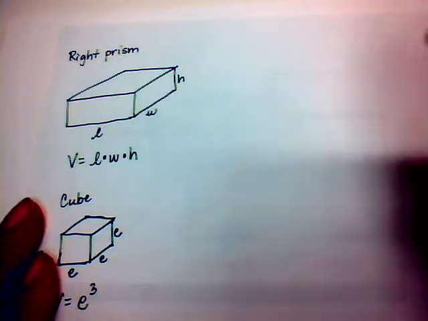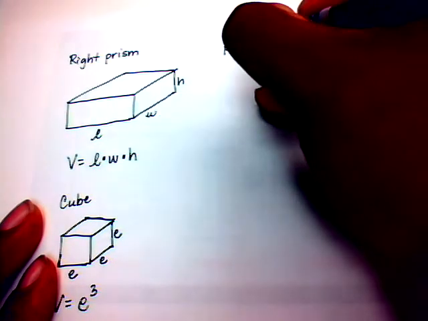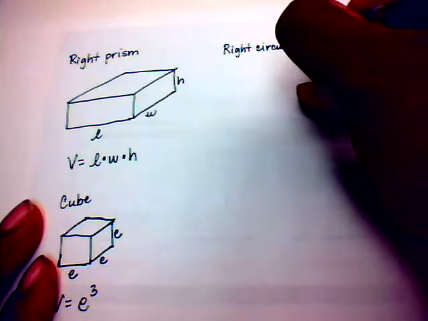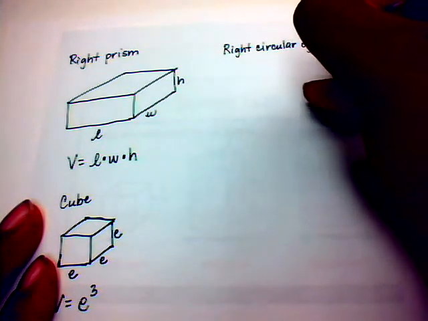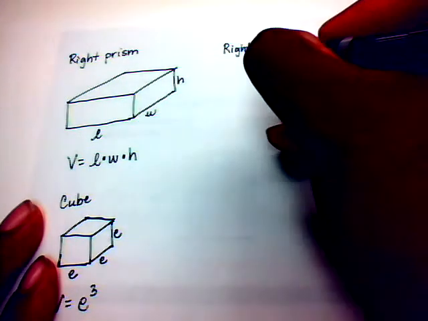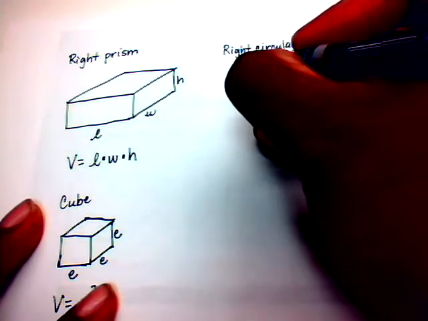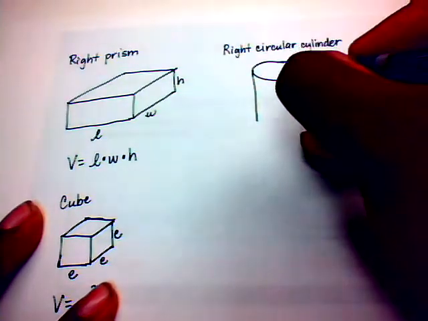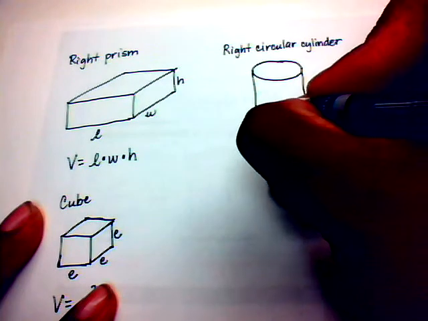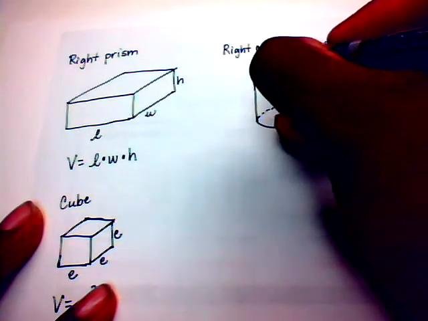And also I'm going to bring up the right circular cylinder. You have to think of a right circular cylinder as a Coke can. So here, there's a circle on top. Looks like this.